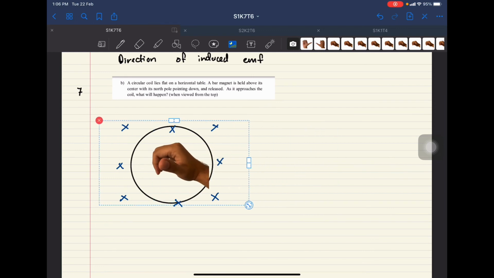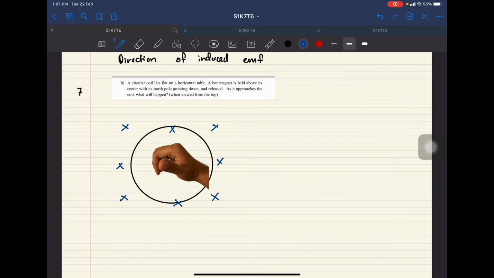Your thumb is now pointing out of the page, which is opposite of the knot. Because of this, the induced current will follow the curl in that direction. So the induced current is in the anti-clockwise direction.